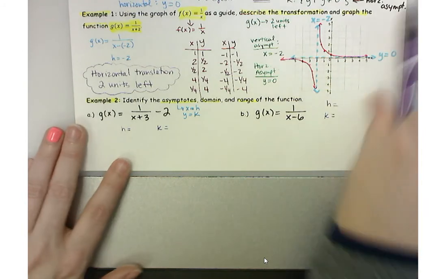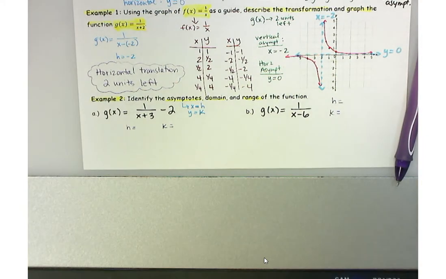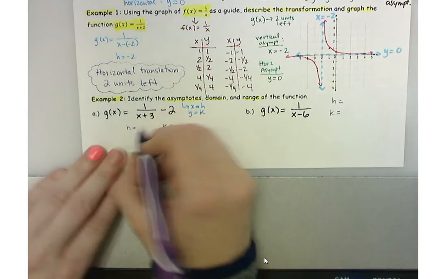Good. Okay, and then Ria, what did you say your k value was? Good. All right, so then for your asymptotes, if your vertical is x equals h, it'll be x equals -3, and then y is going to equal -2.